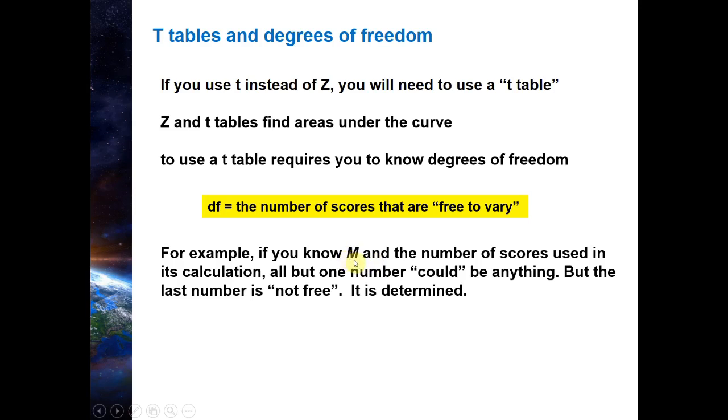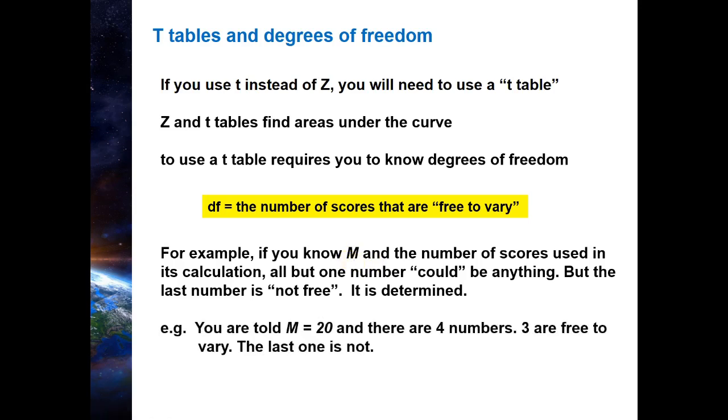So here's an example. Let's say we are told that the mean of our sample is 20. Remember, this is the italicized M, so this is an estimate, a sample mean. By the way, this example would work whether we're talking about a sample mean or a population mean.